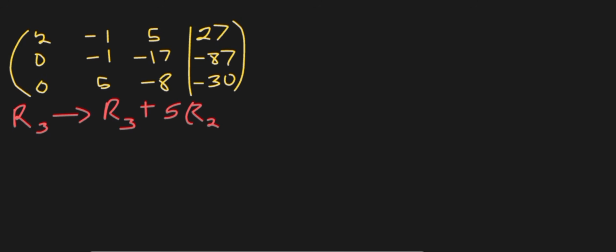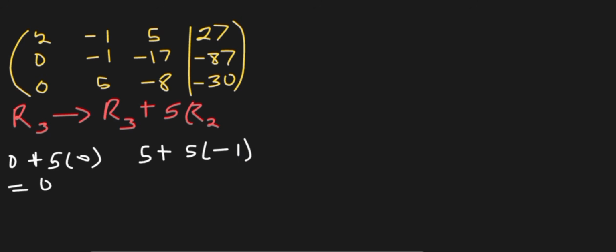So the first entry in the third row will be 0 plus 5 times 0. This remains 0. The second entry, it is going to be 5 plus 5 times negative 1. That becomes 0. Y successfully eliminated.